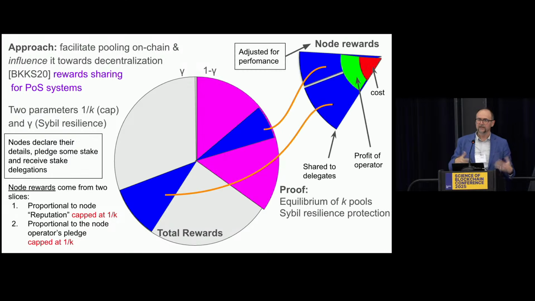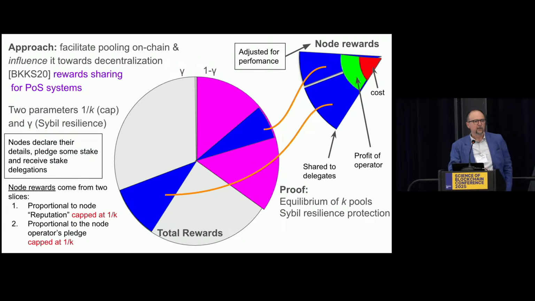To get the rewards in the end, the slices are further adjusted for the performance of the node. If the node is not performing, we don't give rewards. The operators are awarded first the operational cost they declared, then a profit, then everything else is distributed proportionally to the delegated stake. What we prove about this construction is that an equilibrium of k-pools will emerge.